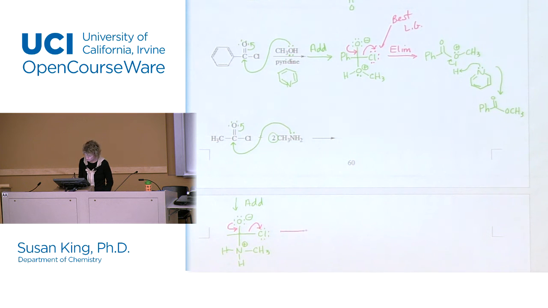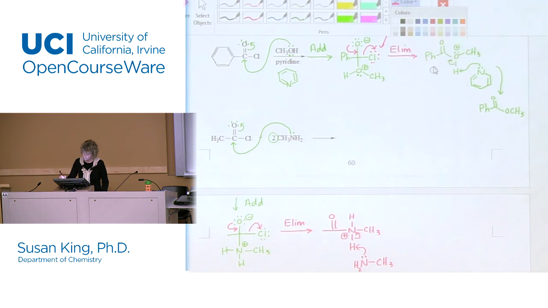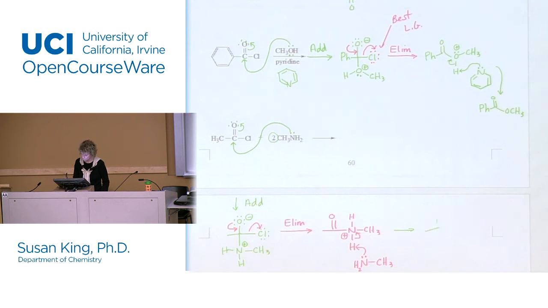Okay, so then the second step is elimination. So we've already used one equivalent of amine, and now we need a second equivalent to deprotonate. So acid chloride to amide.